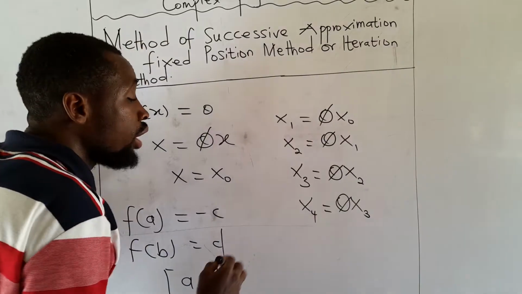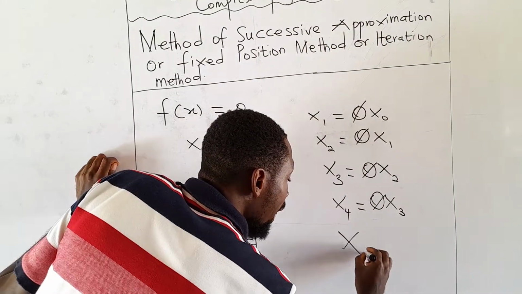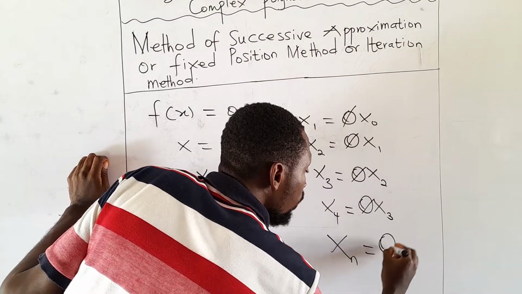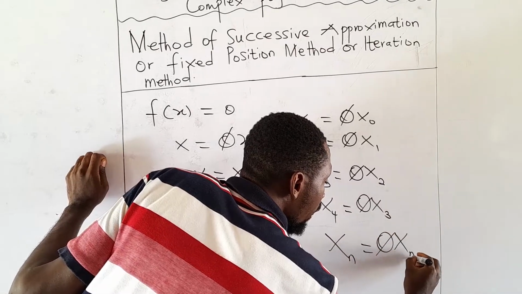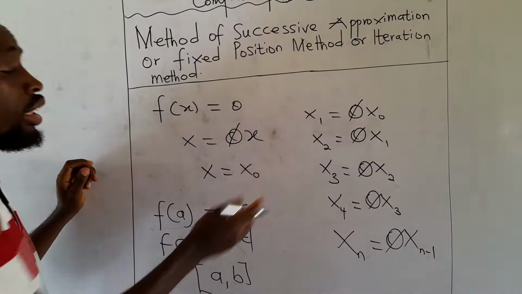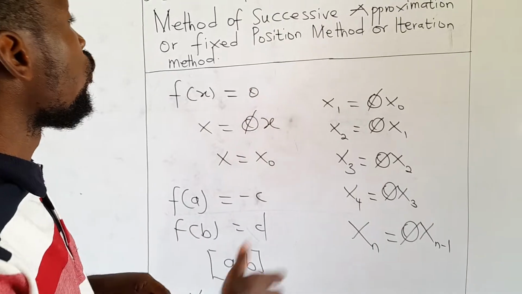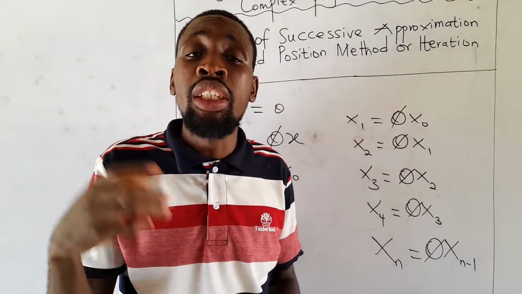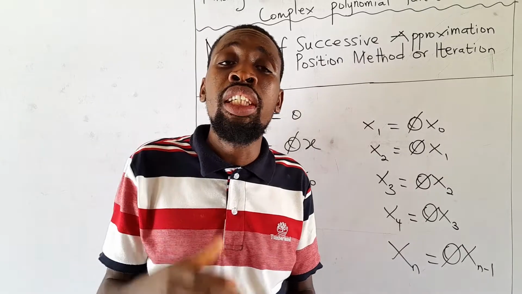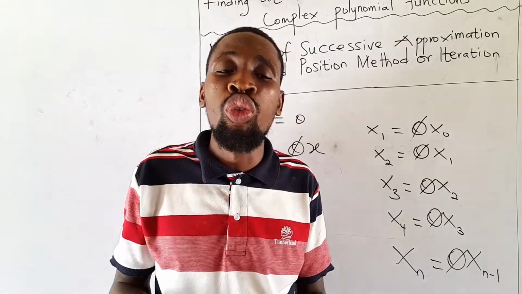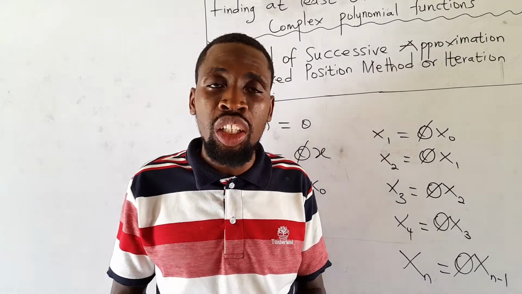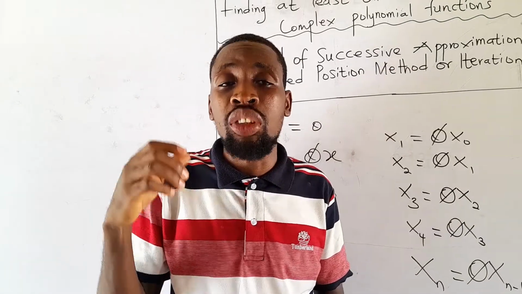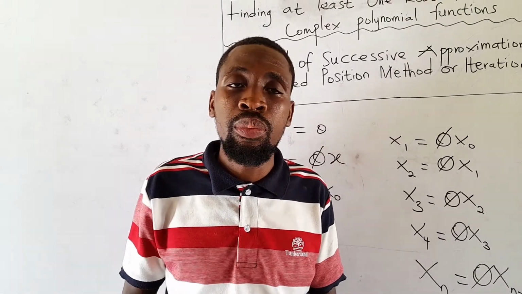So we continue that until we reach xn equal to the substitution of xn minus 1. This is generally the procedure involved in the method of successive approximation. Now we take some sample problems and see how we can find at least one root for such complex polynomial functions using the method of successive approximation.